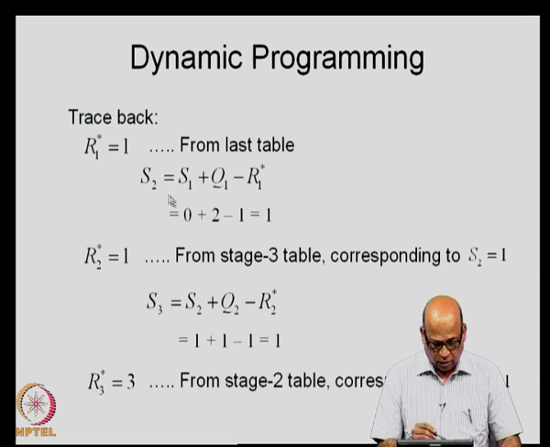So, S3 is S2 which was 1, plus Q2 which is given to be 1, minus R2 star, which is 1 from the table corresponding to stage 3. So, 1 plus 1 minus 1 is equal to 1. With this, now you go to stage 2 calculation, which means S3 is equal to 1.